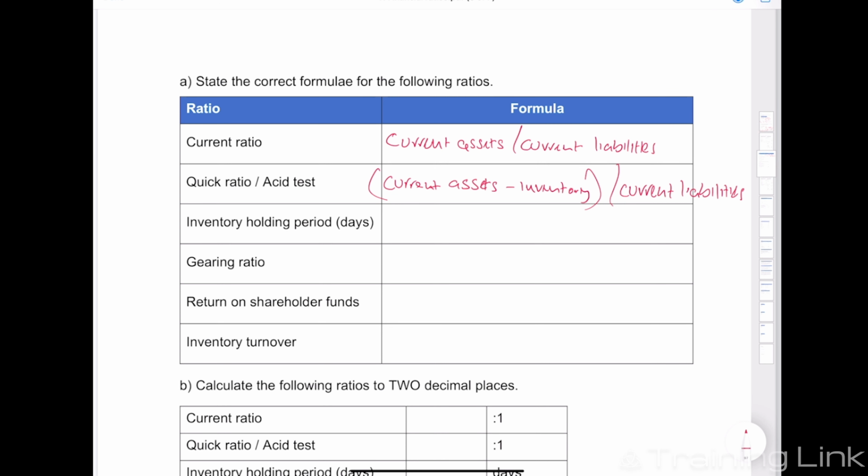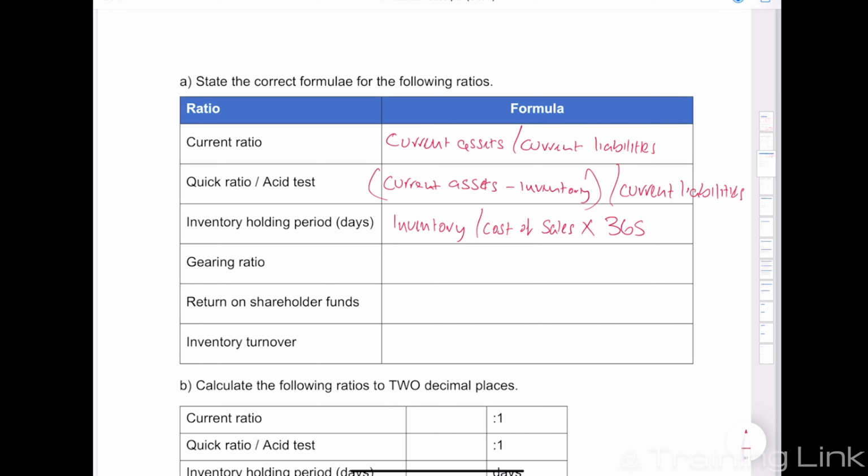And then the inventory holding period is simply our inventory over cost of sales times 365. Any of the ratios where you're being shown them in days, you'll need to multiply by 365.